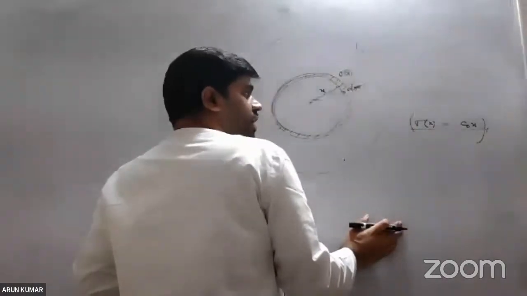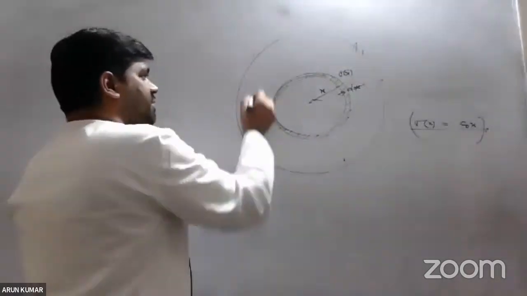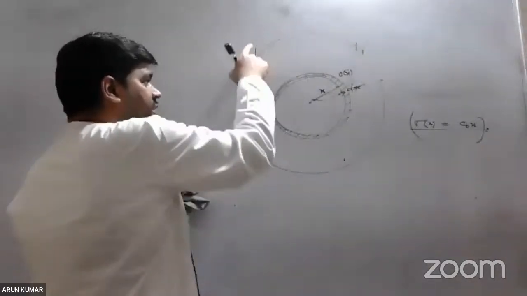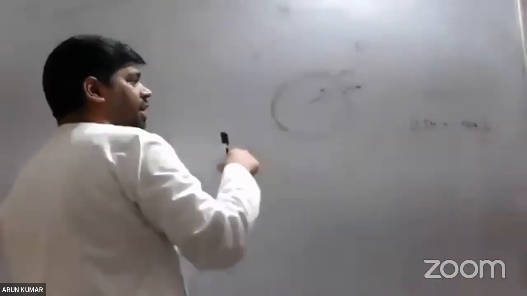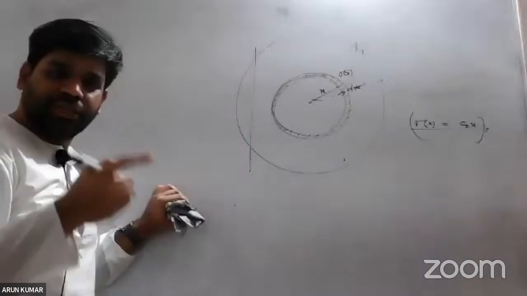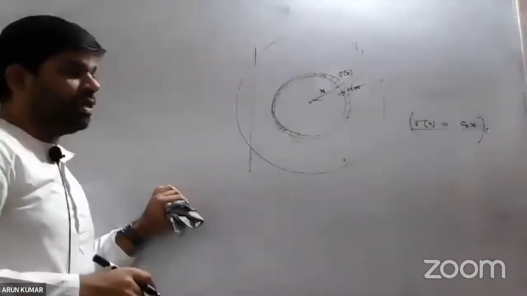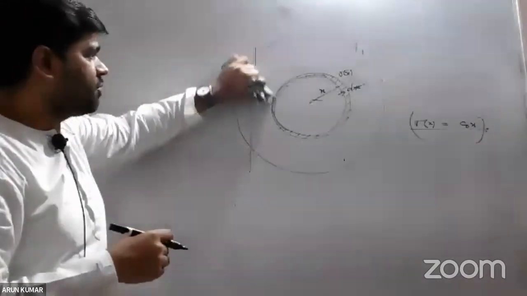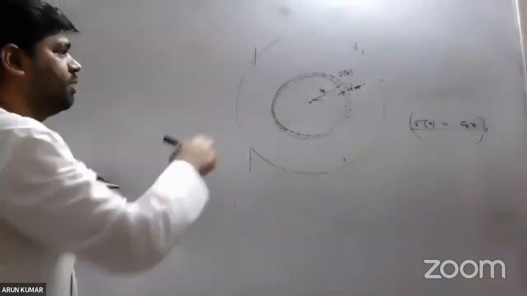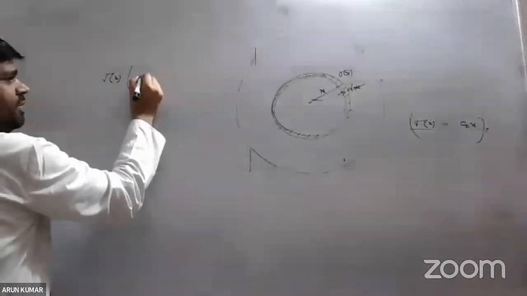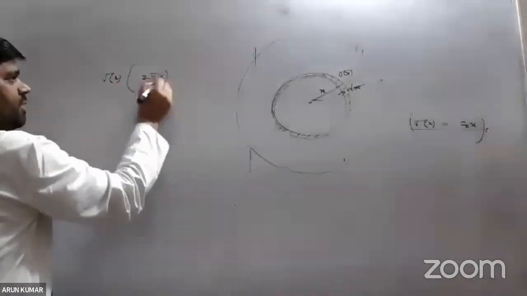But now I didn't select this part because my density is not constant along the strip. I have to select a strip so that my density is constant along the strip. Only then I can write dm and then integrate. How will I write dm? Because dm is constant density into area. So what is the constant density over there? Sigma of x into area. What is area? 2 pi x into dx.